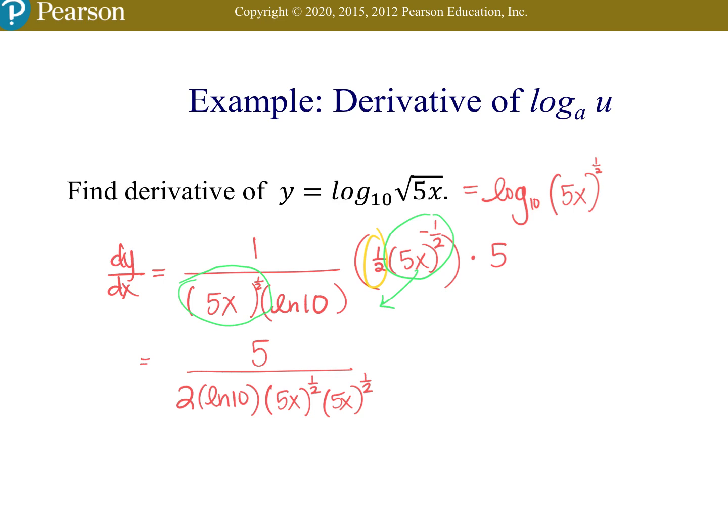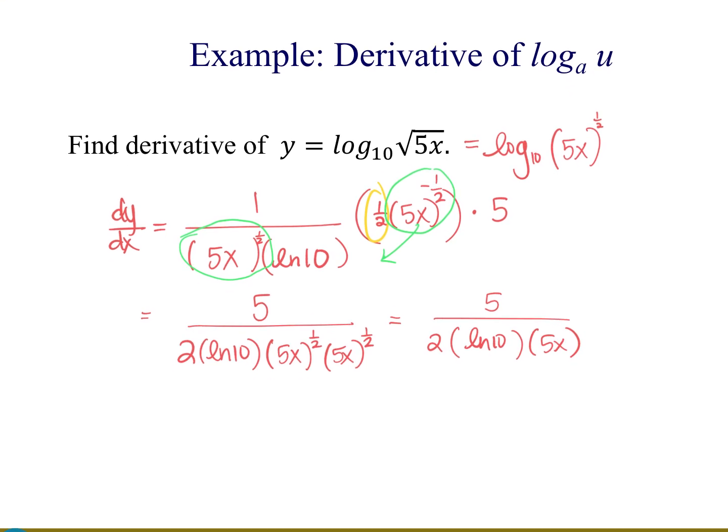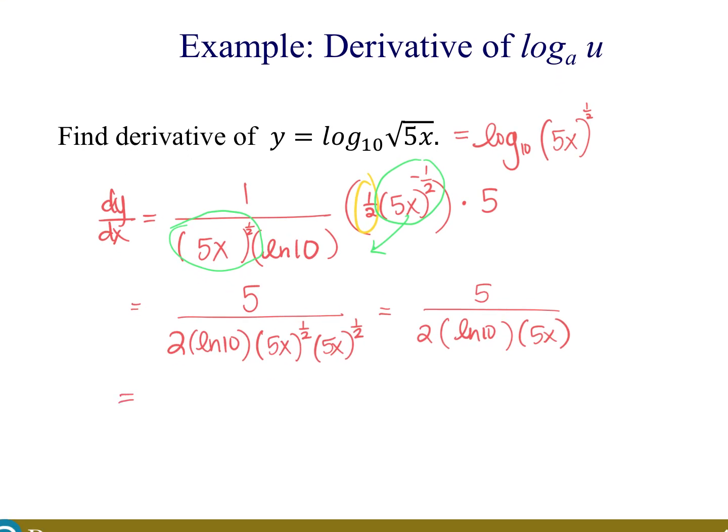And so that's going to give me a 2, an ln 10, and then it's going to give me just a 5x to the first. 1/2 plus 1/2 is 1. Then I can reduce even further the whole 5 in the numerator, now with the whole 5 in the denominator. So I end up with 1, and I end up with 2 ln 10, and the only variable that's left is x.